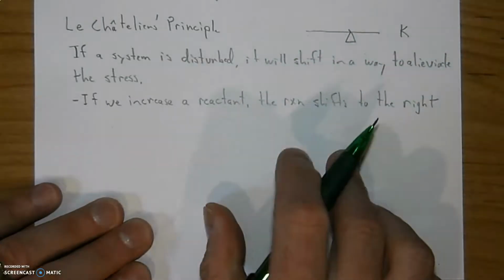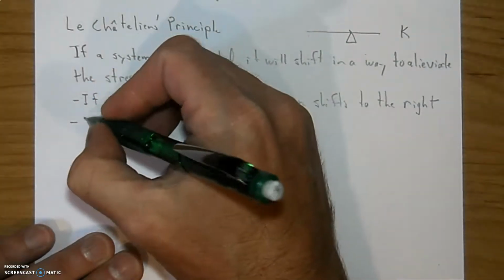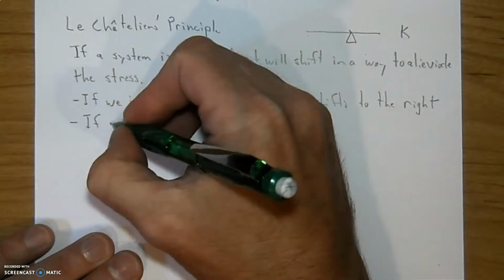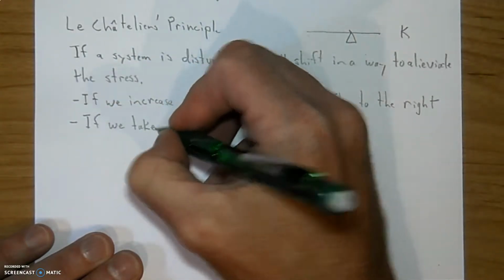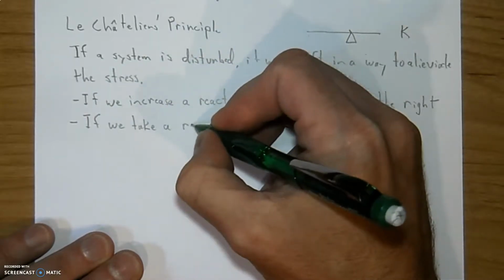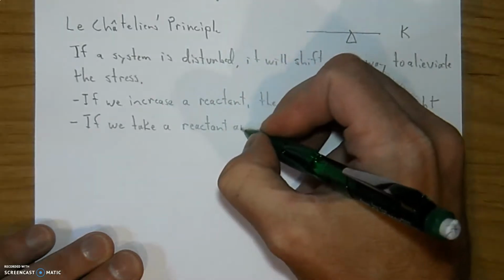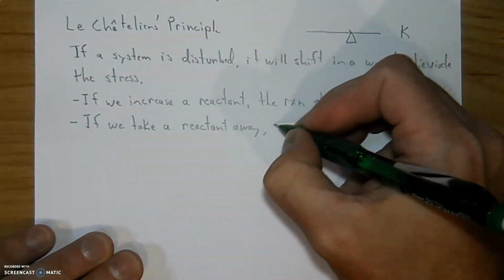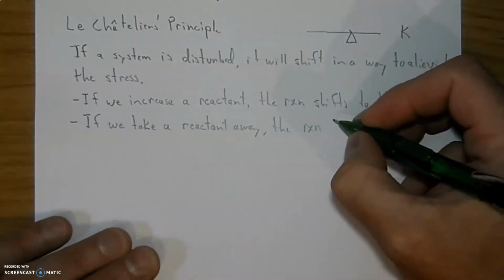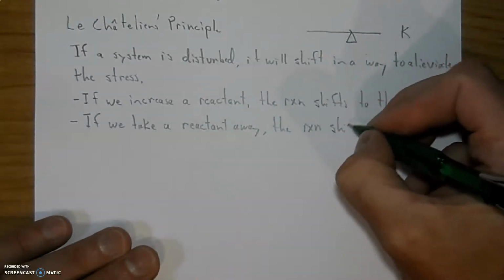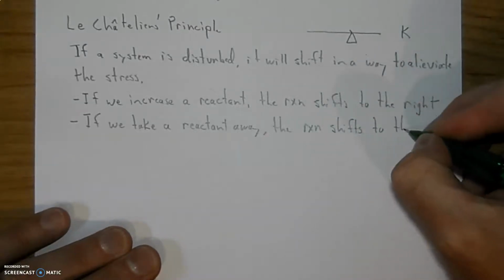And we can look at this a lot of different ways, which we will continue to do here. If we take a reactant away, the reaction shifts to the left.